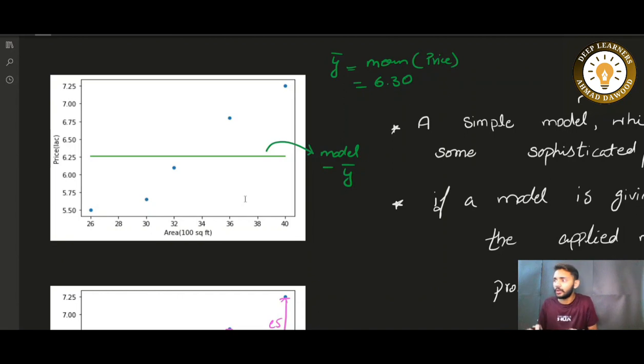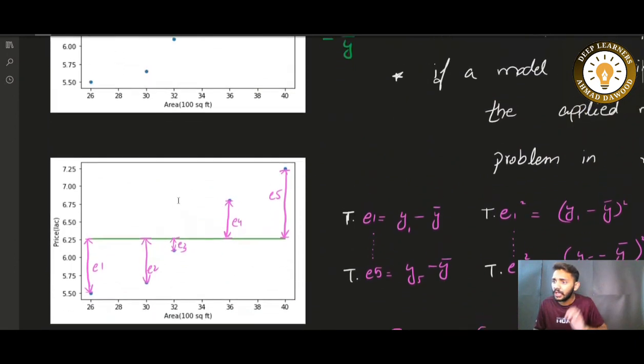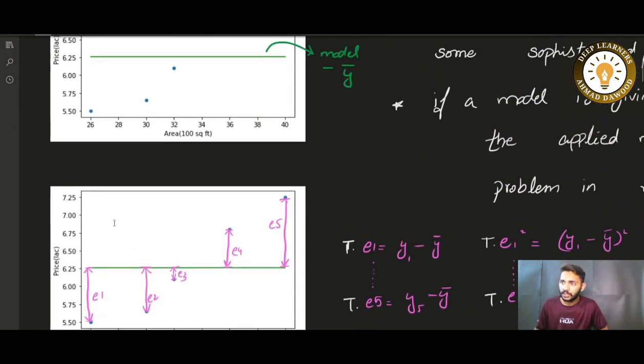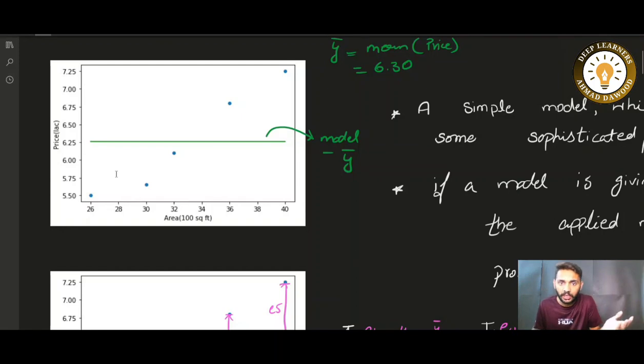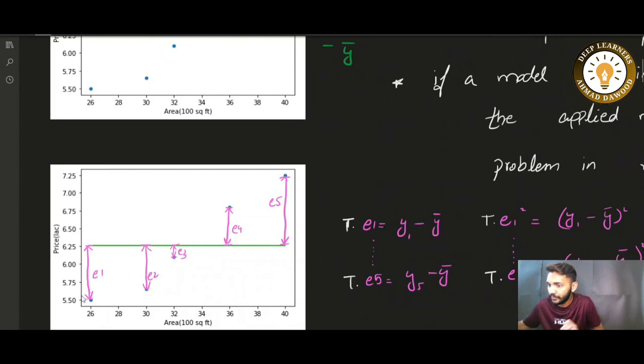Till now you have got an idea that this is a model. Now you have some errors, as in all types of models: our actual value is this one and our predicted value is this one, so we have error 1. In the same way, the predicted value is this one and the actual is this one, error 2, error 3. We have five errors, as we have five sample points here.